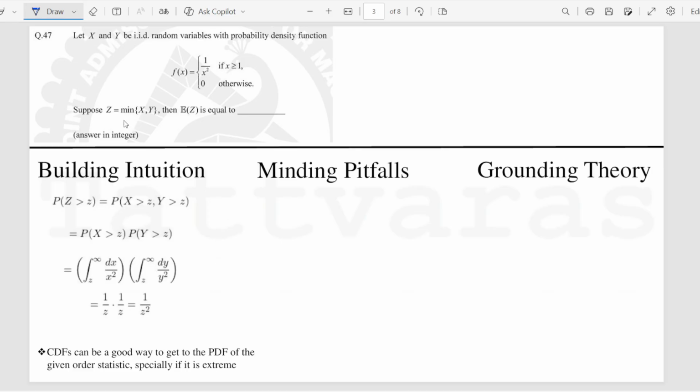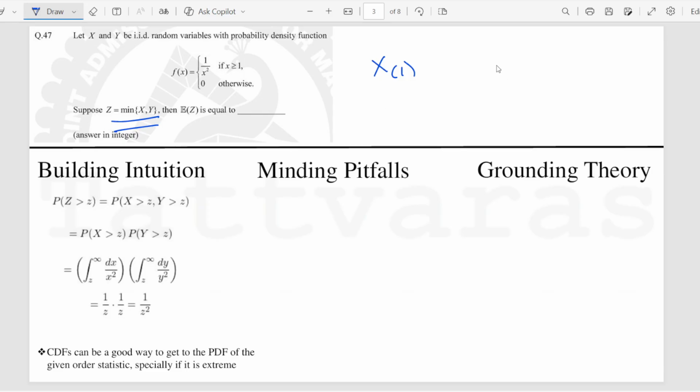Although it doesn't say explicitly, you can understand that it's an order statistic, the minimum order statistic, and it's easy because it's an extreme order statistic. It's easy to use the CDF technique or the opposite of CDF, which is the survival function.